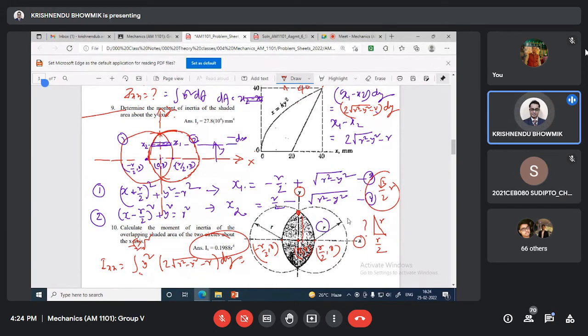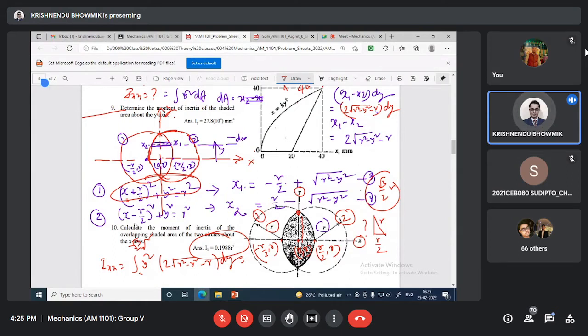Now this is the part of the circle, say circle 2, and this is circle 1. For circle 1, the center is minus r by 2 comma 0. For circle 2, the center is r by 2 comma 0. Now the equation of circle 1 will be x plus r by 2 whole square plus y square equal to r square, where r is the radius.